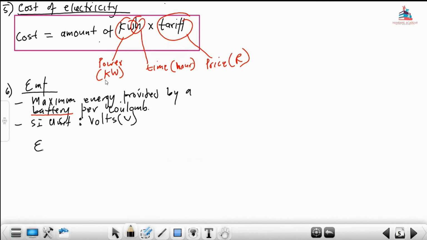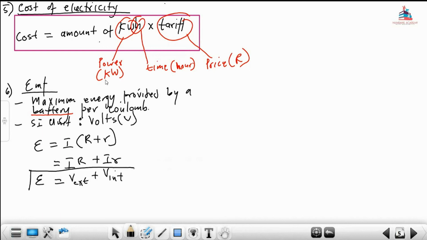We have the formula, which is E is equals to I into R plus the small r. So this is just I R plus now I small r. But what is this? This is V external, and this is now V internal, and this is the EMF equation.